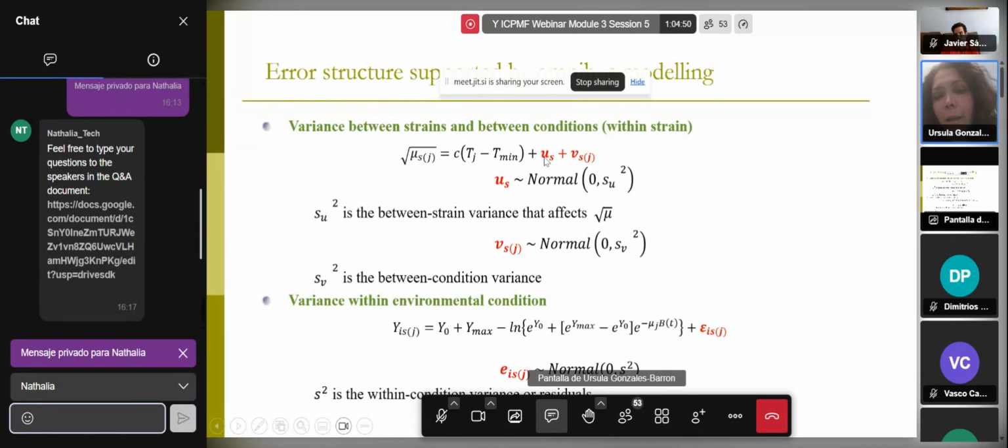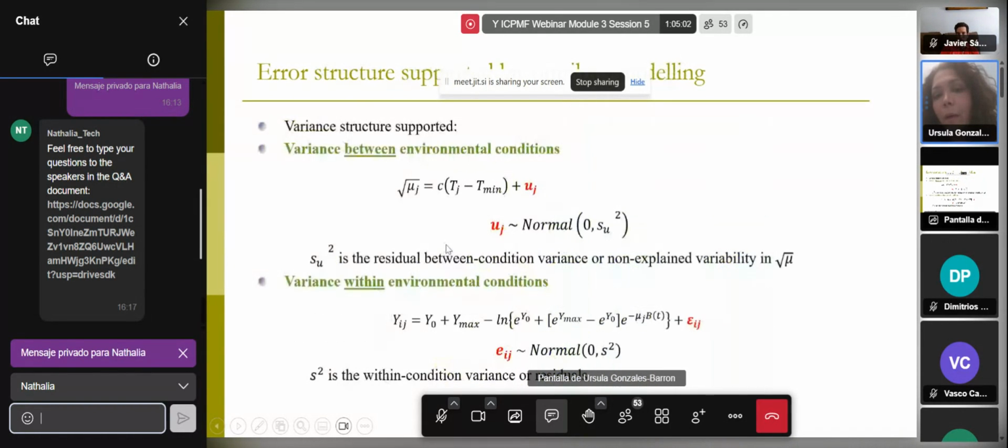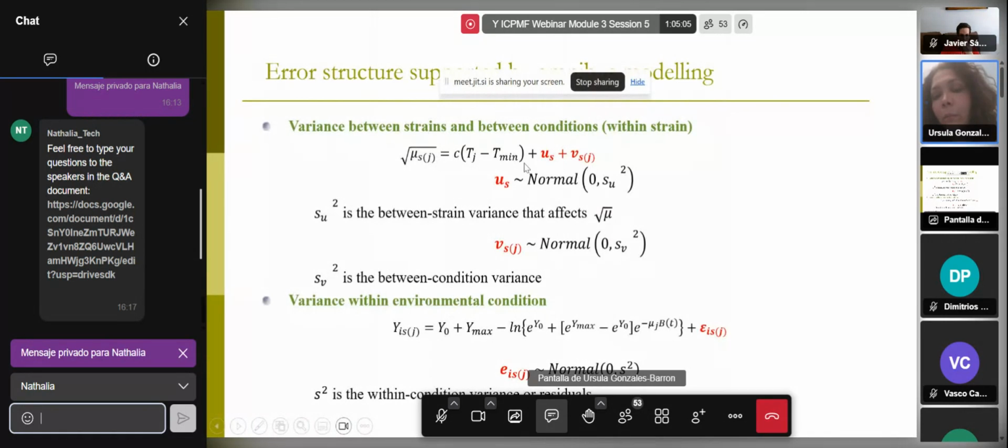And now we have a variance within strains. You see, I have a variance. If I take the whole row of results, now I have a variance within a strain. Mu now follows a normal distribution with mean 0 and variance U squared. So if you want to calculate the variance between strains, it will be this value here, and we have to check if this is significant or not.